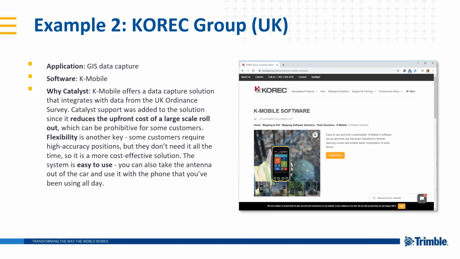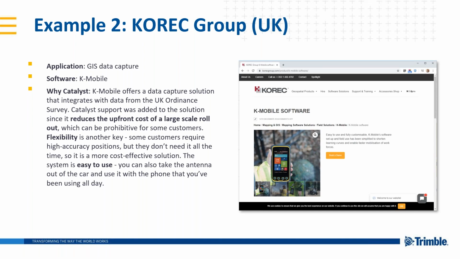The UK market is a big market. The K-Mobile software is a data collection software that integrates with data that comes from the Ordnance Survey. So the customers that they're selling K-Mobile to can be very large organizations.